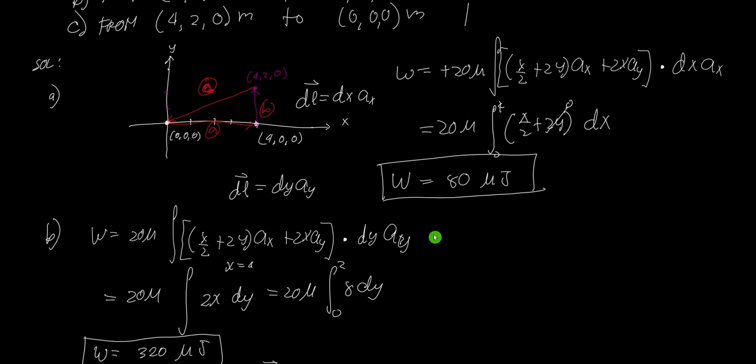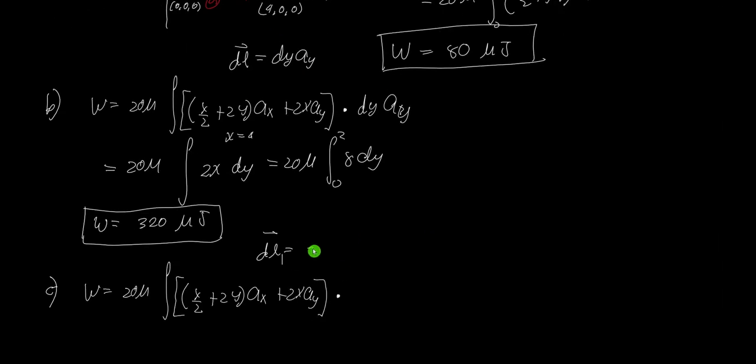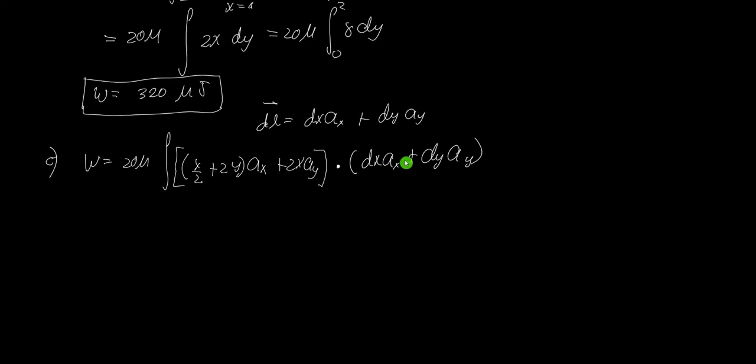So our DL now will be dx ax plus dy ay. And if you do the dot product, this one times this one will be equal to 1. This one times this is equal to 0. And this one and this one is equal to 0.